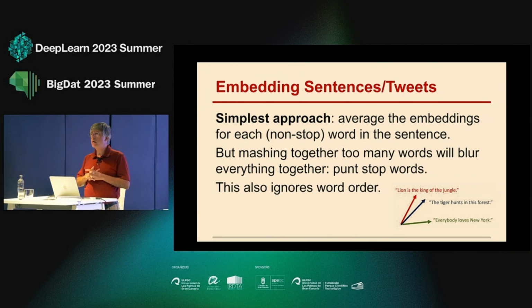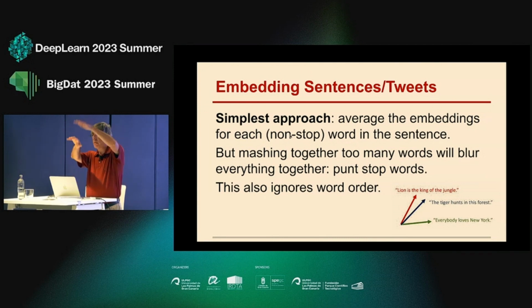Now, you might want to say, what if I wanted to build a representation for something bigger? What if I want to know what a sentence means? I now know from these word embeddings, you should believe you know what words mean. How can I figure out what a sentence means? One possibility is you take all the words in your sentence, maybe deleting the and other stop words that are too frequent to count, and you just average them together.